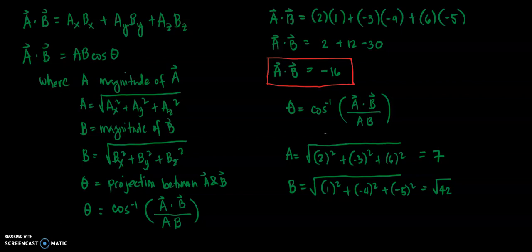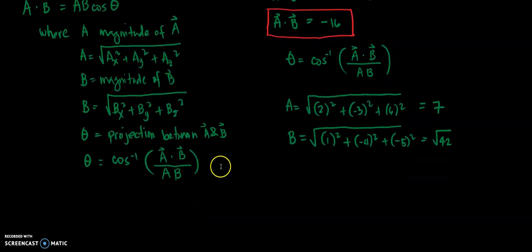So now the angle, that is theta, is equal to the inverse cosine of A dot B, that is negative 16, divided by A times B, that is 7 times the square root of 42.